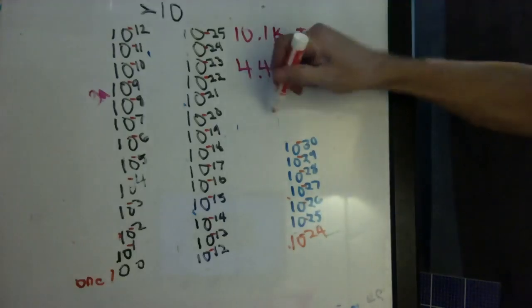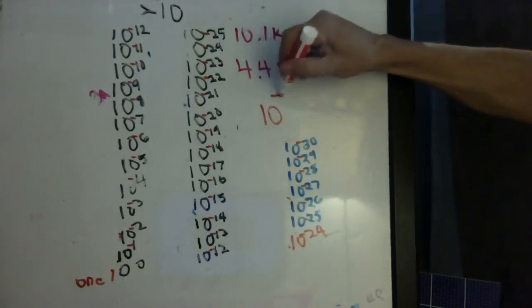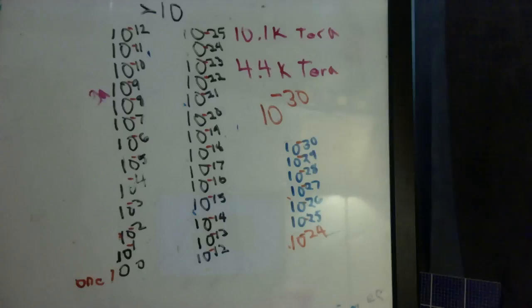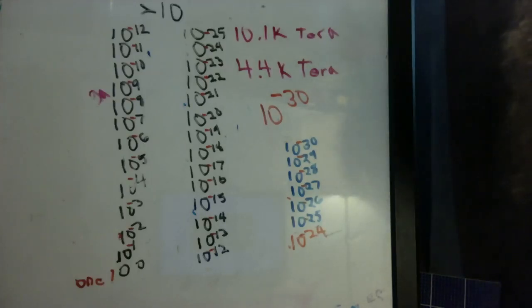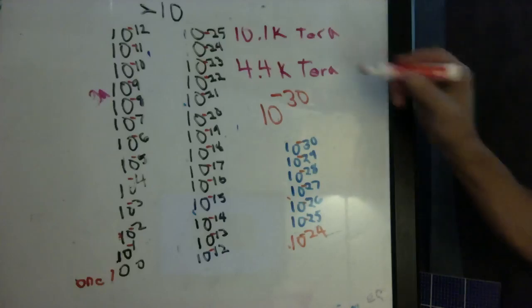Because what that should be is 10 to the -30. What is the name for 10 to the -30? Well, the name for -30 is quecto, right? It's a nonillionth. And it's a lowercase q.